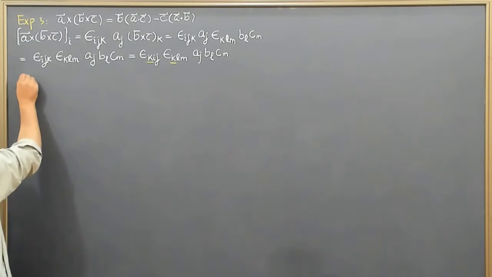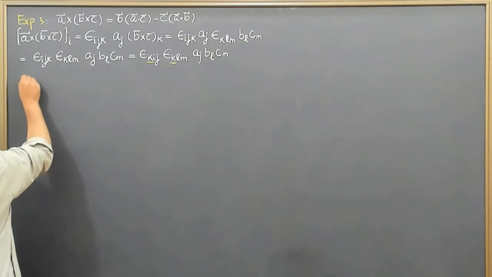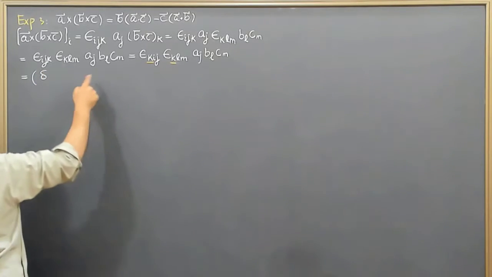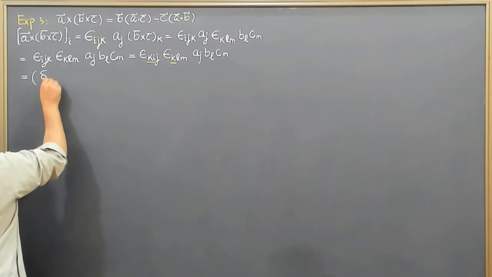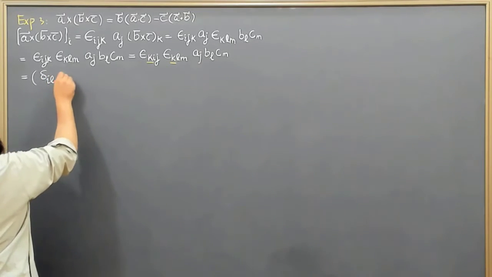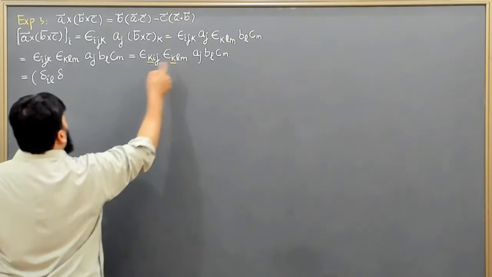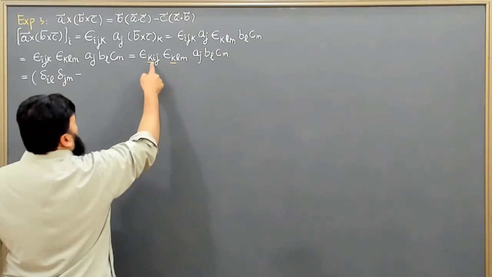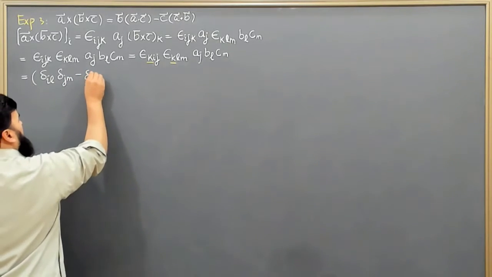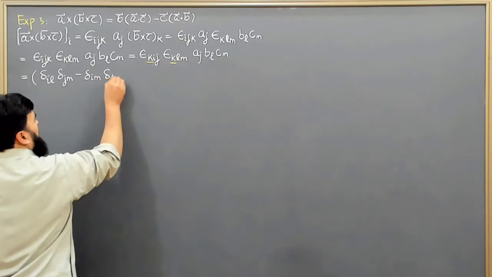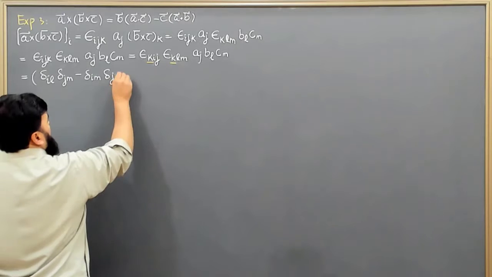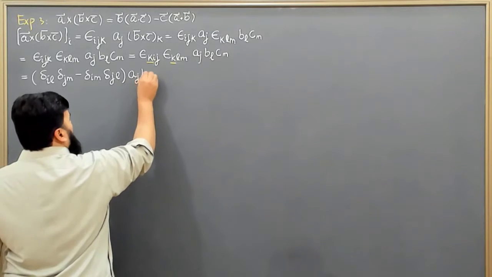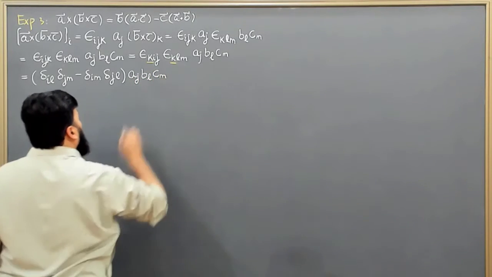And now I know this identity, that when two of the indices are the same, I can write this in terms of the Kronecker delta: delta il with delta jm, while the k index will be skipped, minus delta im with delta jl, and the rest I write as the terms A_j B_l C_m.